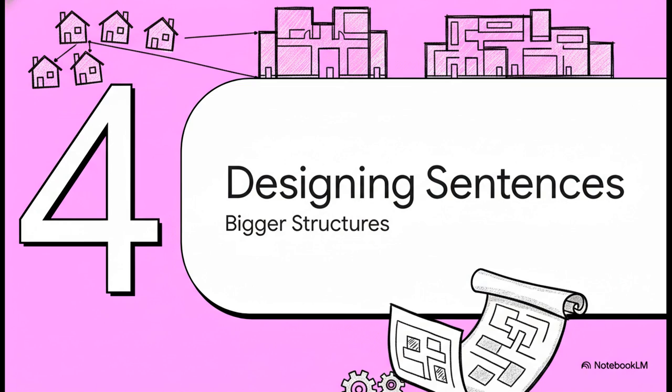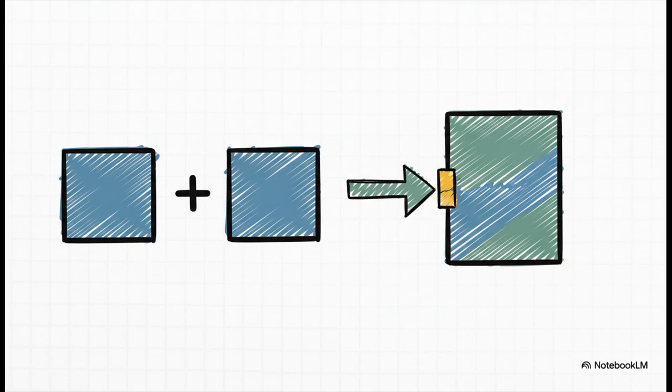Okay, so we've got our 5 basic room layouts. Now for the really fun part. This is where you get to be a true sentence architect and start combining them to build bigger, more sophisticated structures. One of the easiest ways to do this is to build what's called a compound sentence. You just take 2 complete thoughts, 2 of those independent clauses we talked about, and you stick them together with a conjunction like and, but, or so.